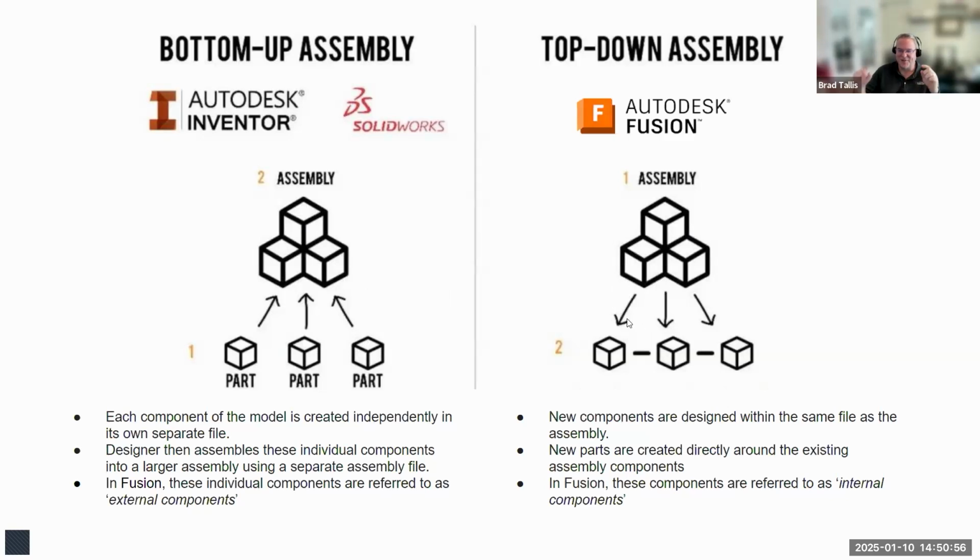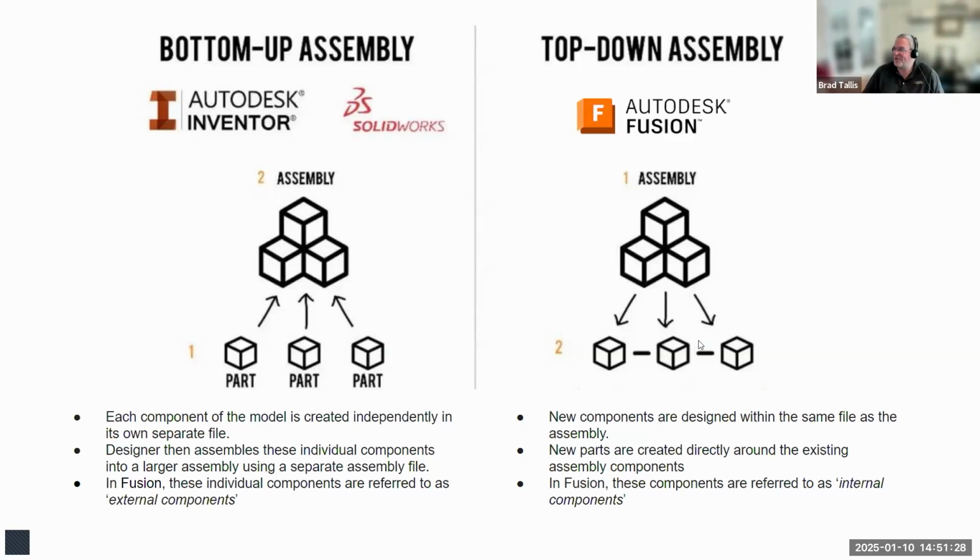You don't know how many computer screens had post-it notes with dimensions written on them, because they would design part one and then have to design part two. They needed information from part one to design part two, like what size was that hole and how far from the wall was it. They had to write all that down. Whereas in this method, you just project the geometry or reuse existing geometry. It's so much easier in top-down to do that.